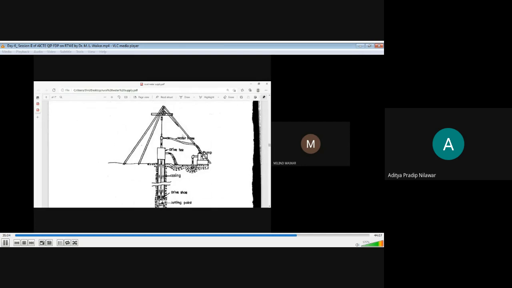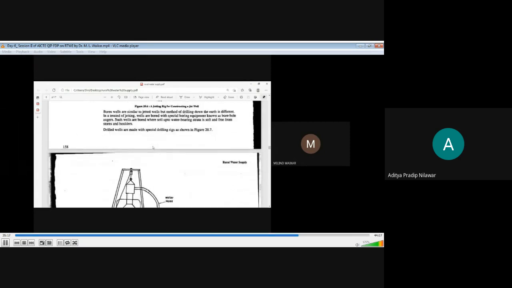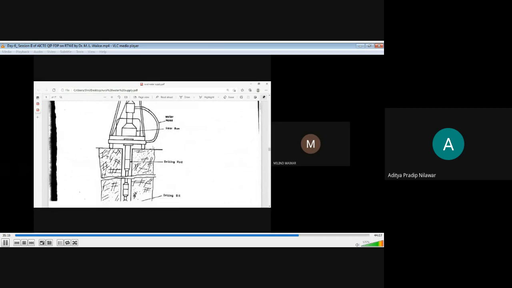Now we have drilling machines, but earlier people were using hand-driven machines for drilling wells. This is called a jetting rig, the bore well.